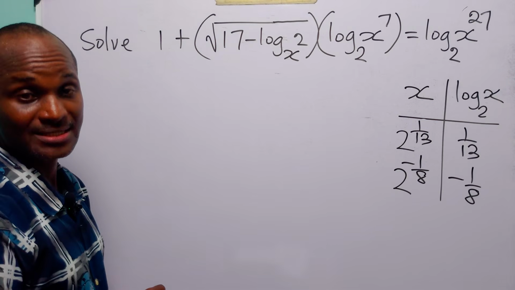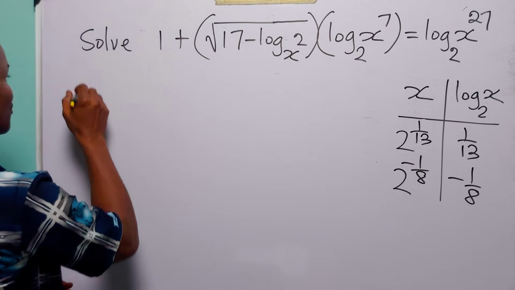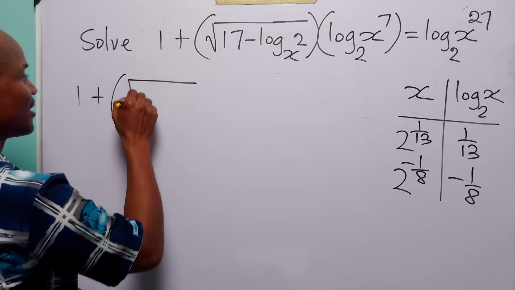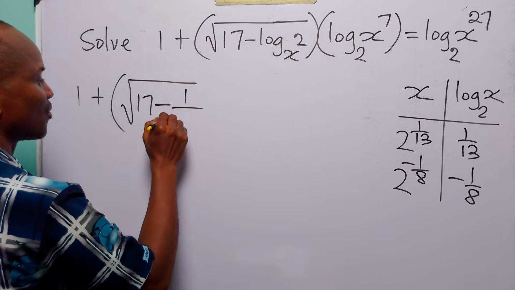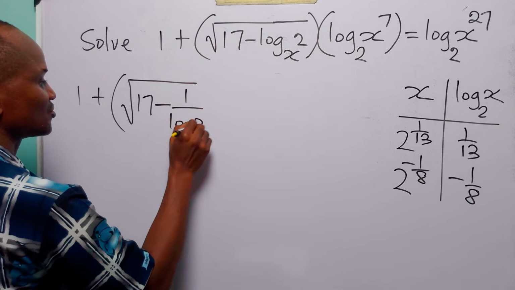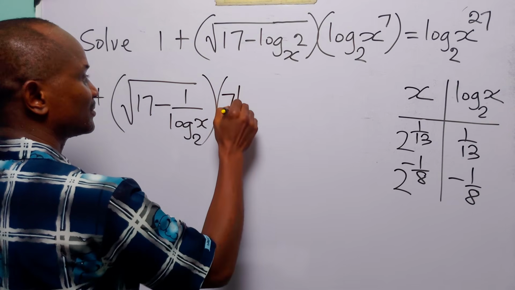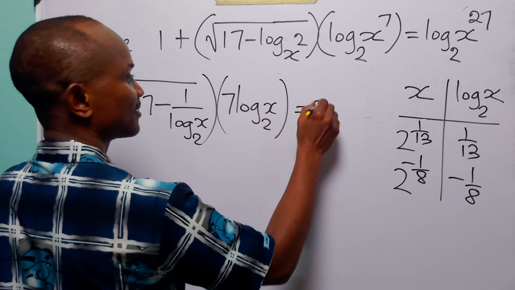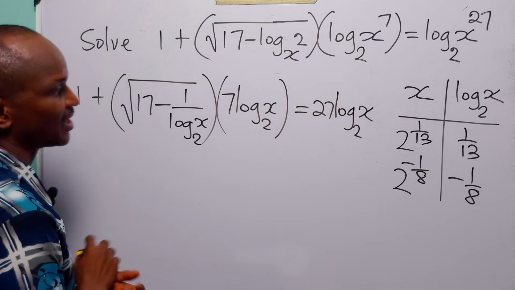Now, before we check our answer, let us first of all write the simplified version of this equation. We have 1 plus the square root of 17 minus, remember this is 1 over log base 2 of x, times 7 times log base 2 of x, and this is equal to 27 times log base 2 of x.